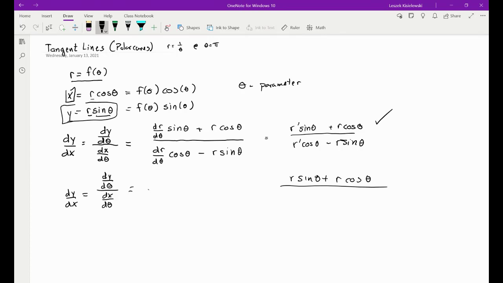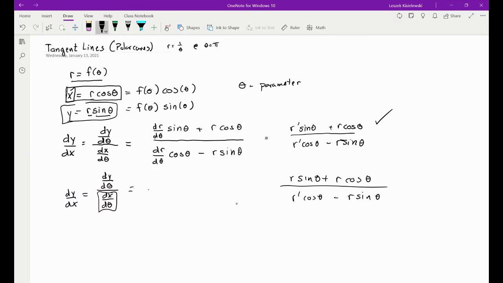Okay. And in the denominator, you want to differentiate x with respect to theta, but x is a product of two functions of theta, so product rule. So r prime, leave cosine alone, then plus r, then differentiate cosine with respect to theta to get negative sine.